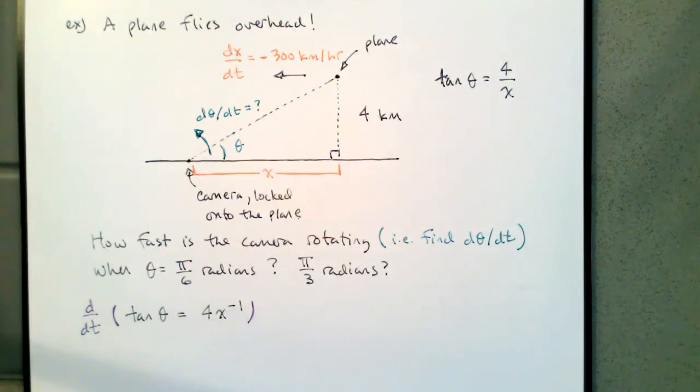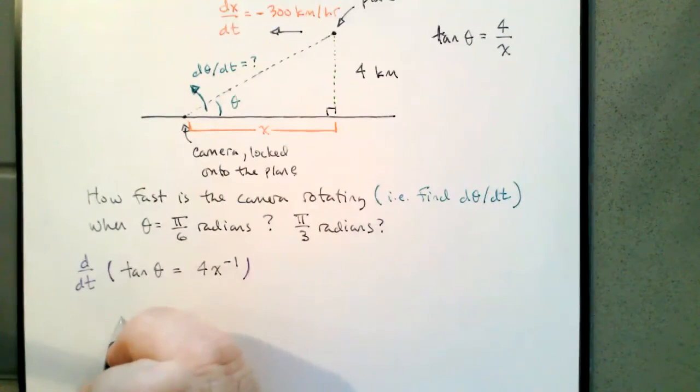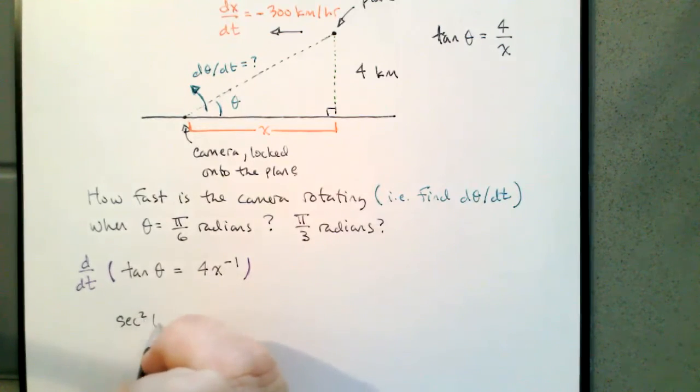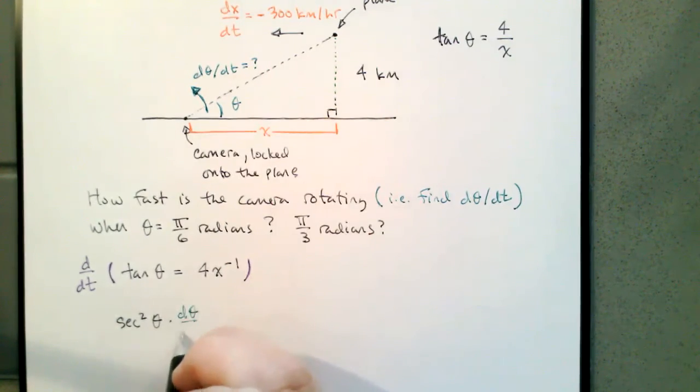First, we'll have to take the derivative of tangent theta with respect to theta, then use the chain rule and multiply by the derivative of theta with respect to time. So the derivative of tangent is secant squared theta. Then the chain rule says multiply by the derivative of theta with respect to time.